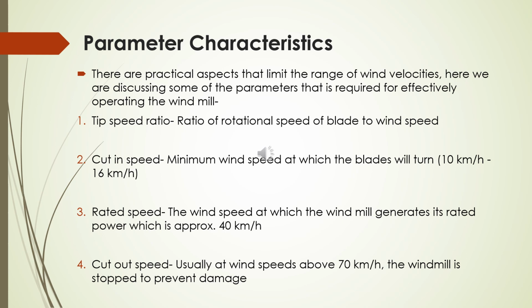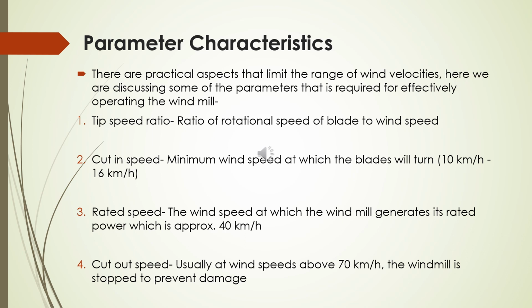The second one is the cut-in speed, which is very important. It is the minimum wind speed at which the blade starts to turn. It will start to rotate, and this value approximately lies between 10 km per hour to 16 km per hour.